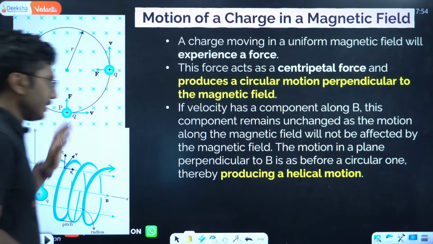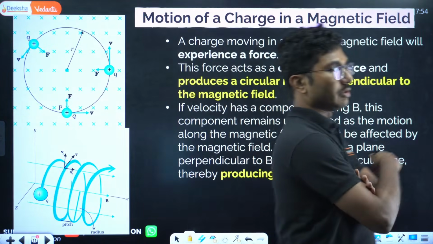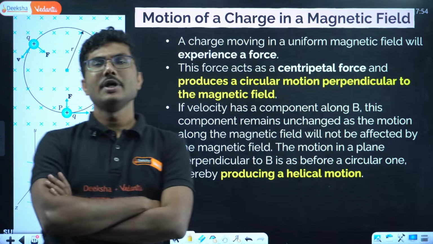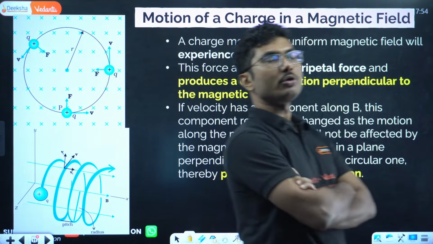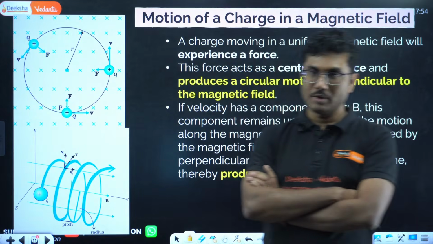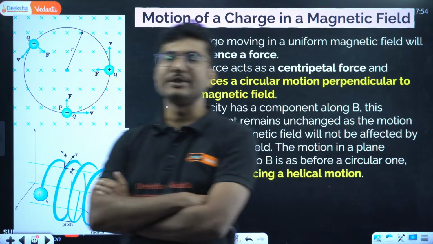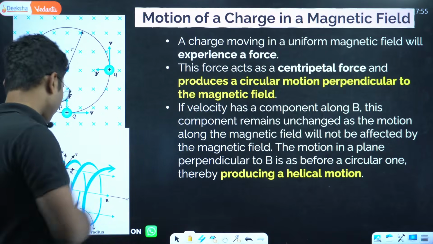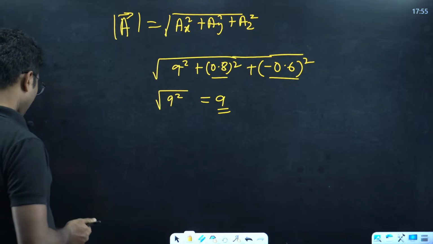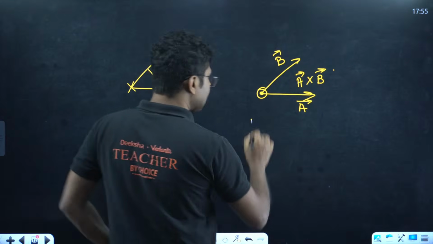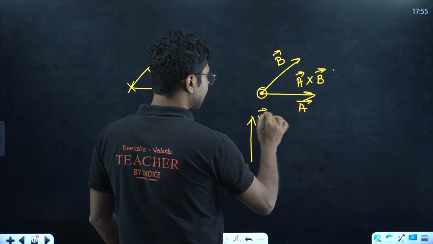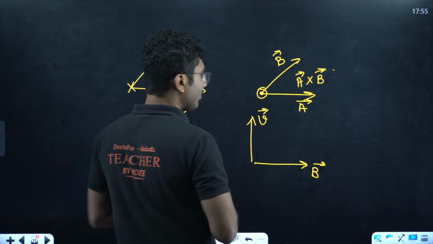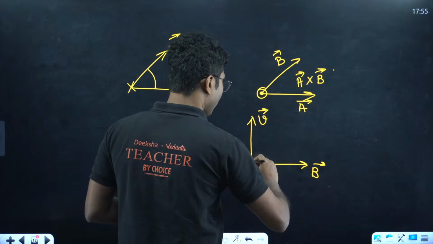So here, when a charge is moving in a magnetic field, the direction of force is basically perpendicular to both V and B. Okay, now if the vectors are themselves perpendicular, for example, V say in this direction, B is in this direction, V cross B is into the page, so they form a triad.